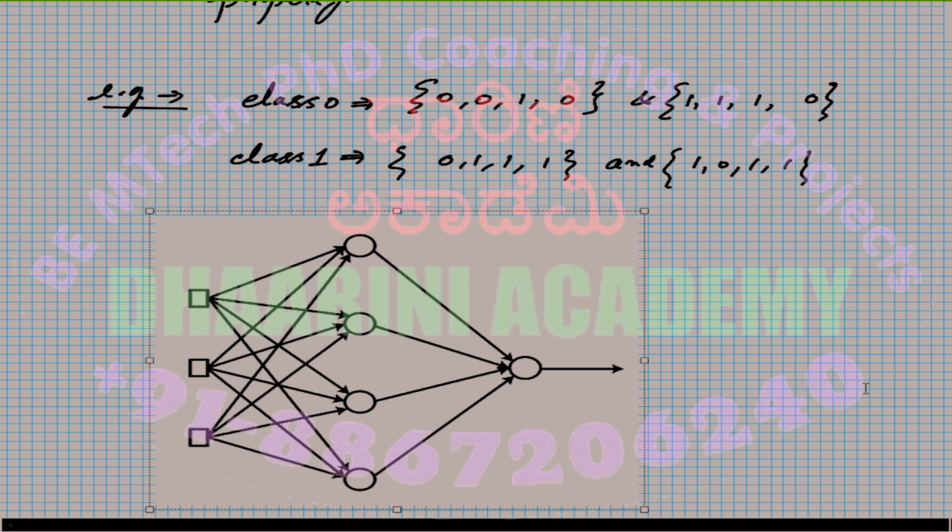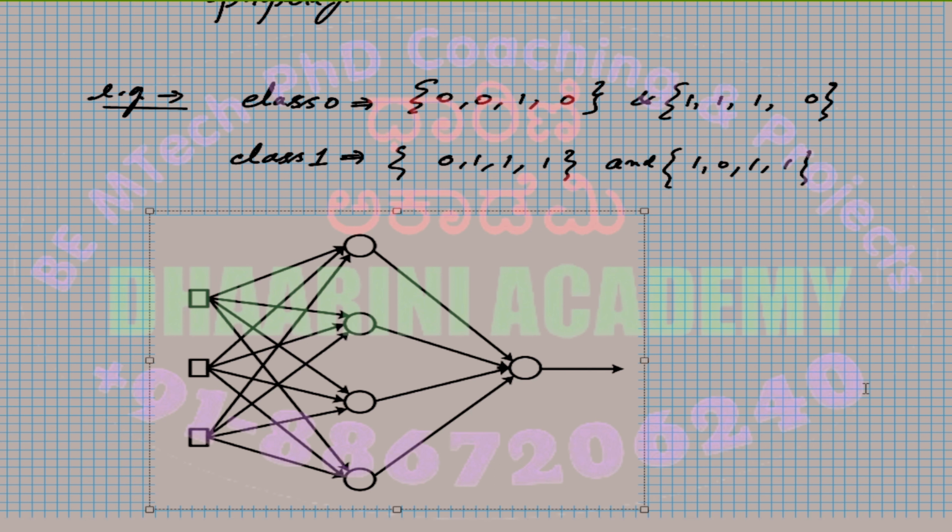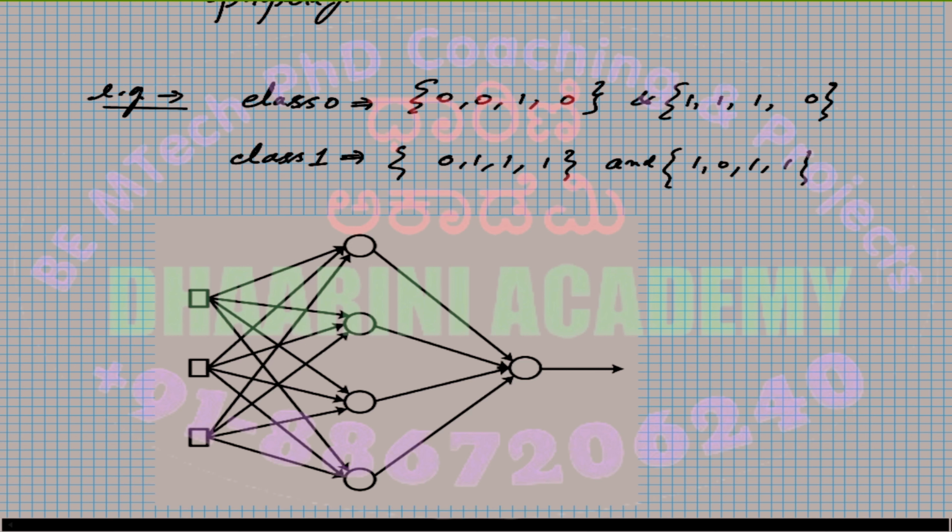So the neural network which we are going to consider has 3 input nodes and 1 output node. There are 3 input nodes like this.